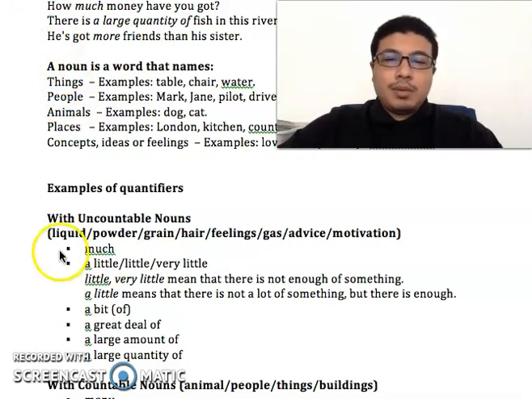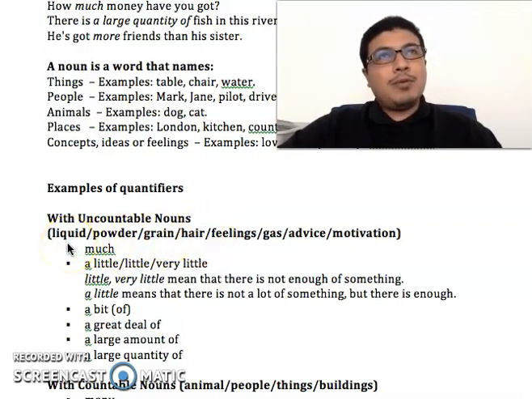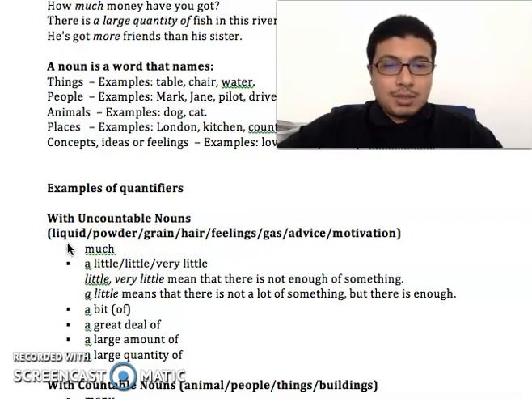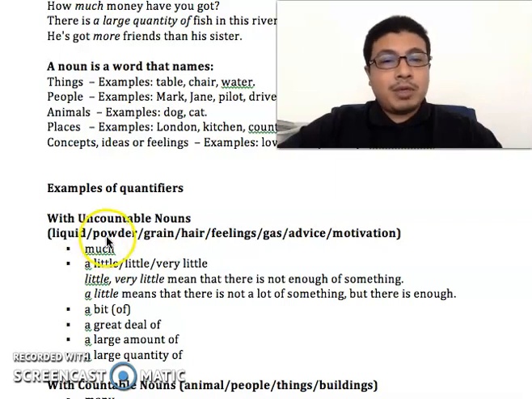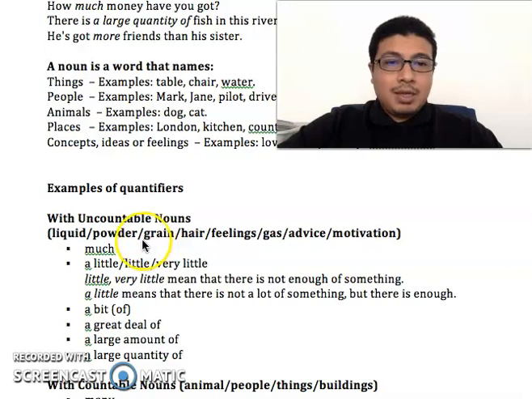So here we can see some examples of uncountable nouns, like liquid. Liquid can be water, can be any other types of liquids like drinks, any other chemical compounds in a form of liquid, powder, or grain, like rice, for example.